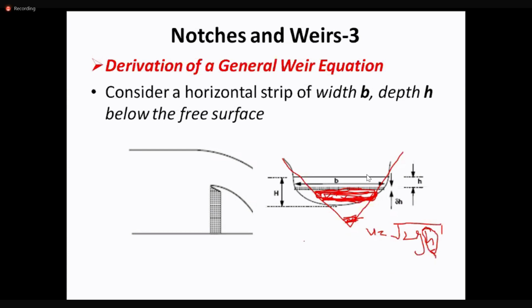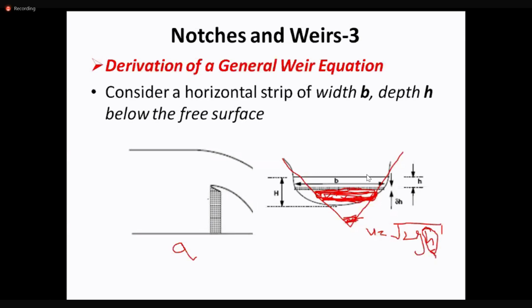Consider a horizontal strip of width b at a depth h from the free water surface. This is the cross section on the left hand side, labelled A, a cross section through a weir.